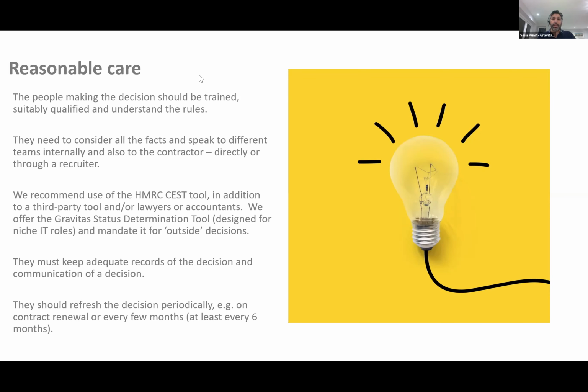And once you've made a decision, it's important to know that decision doesn't last forever, right? We're looking at the outside decisions here. If you've made a decision that somebody is outside, generally, it's because they're delivering a project. There's a specific piece of work or deliverable that they're providing for you. And what quite often happens, and we see it all the time, is that somebody's hired for a certain role, but they're really good, and then they stay on site.